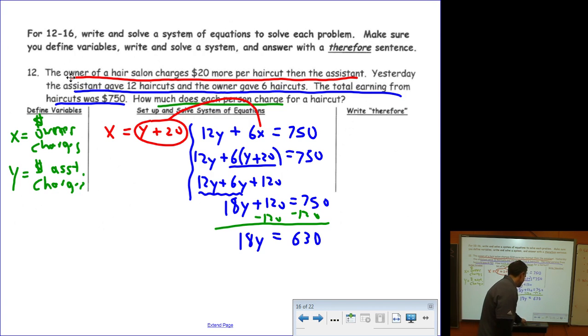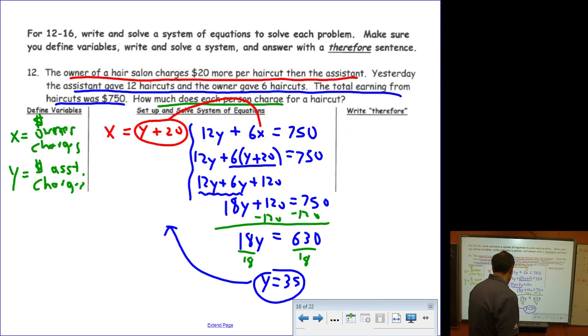And finally, of course, I would divide by 18. And when 630 is divided by 18, I get 35. I get y equals 35.